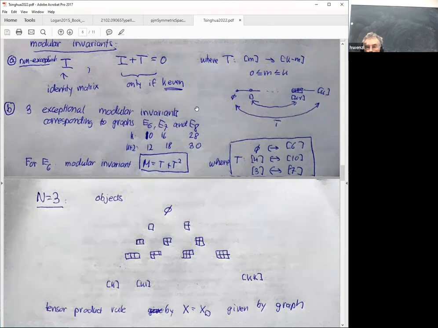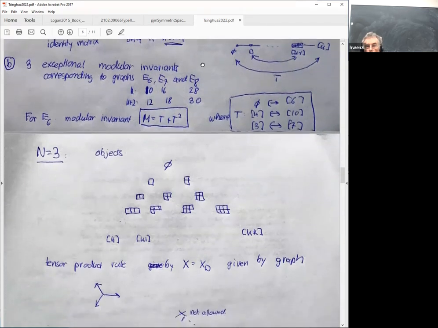And also, there are 3 exceptional modular invariants corresponding to the graphs E6, E7, and E8, which are at level, let's see, 10, 16, and 28. And the numbers are a little bit nicer if you add the rank of it, so 2, then it's 12, 18, and 30.